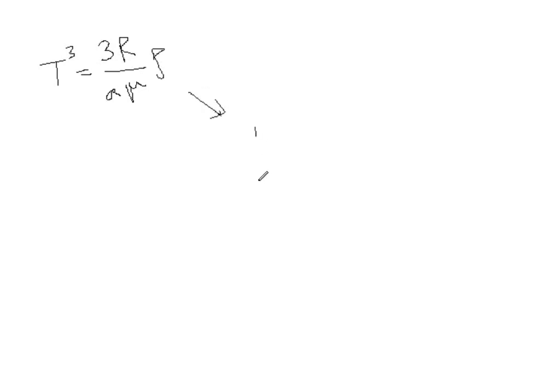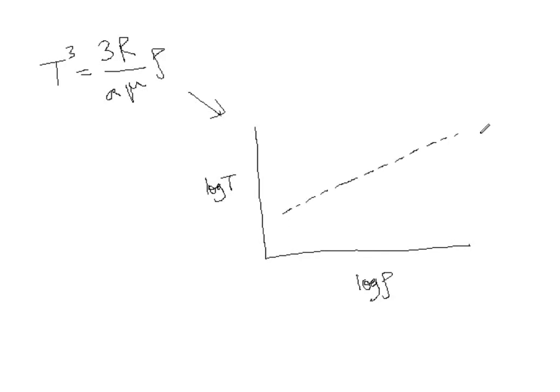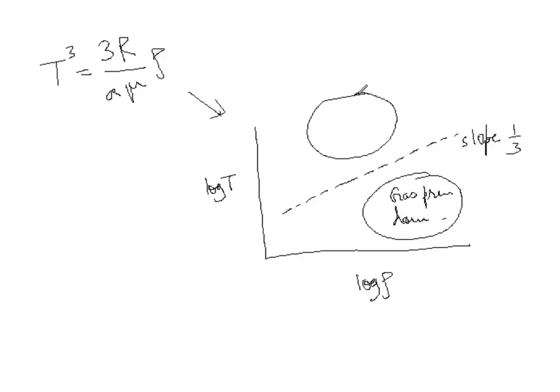Now let us do a plot. If we do this basic rough plot, what we have here is the slope of 1/3, and on this part gas pressure dominates, whereas this part radiation pressure dominates.